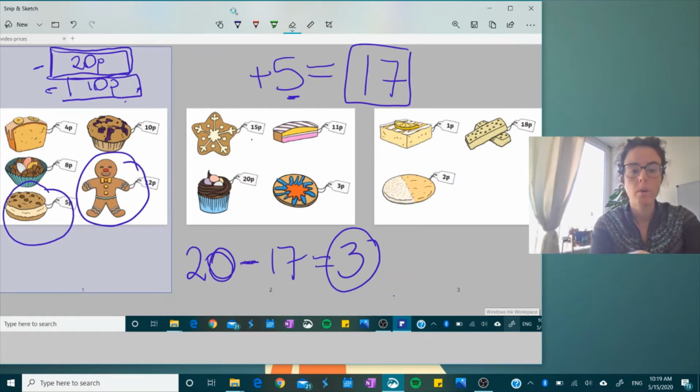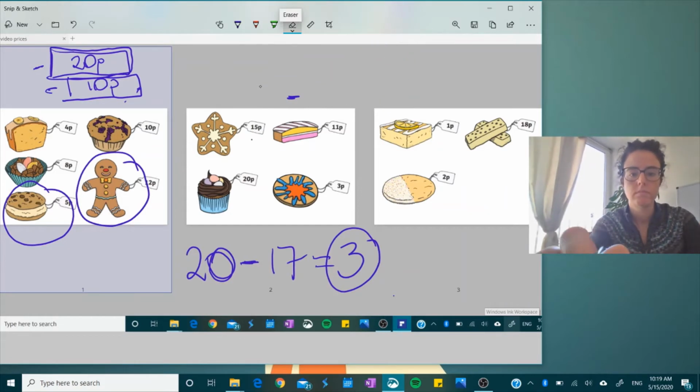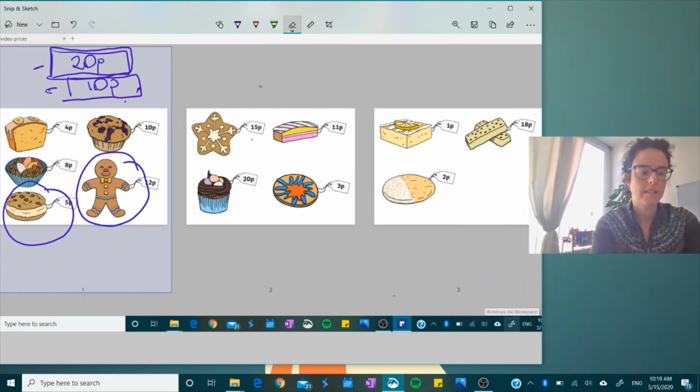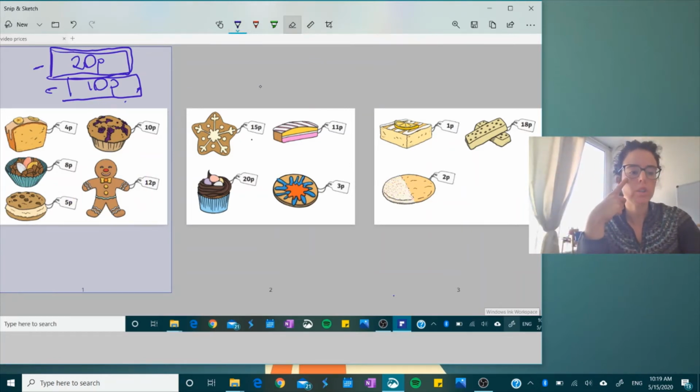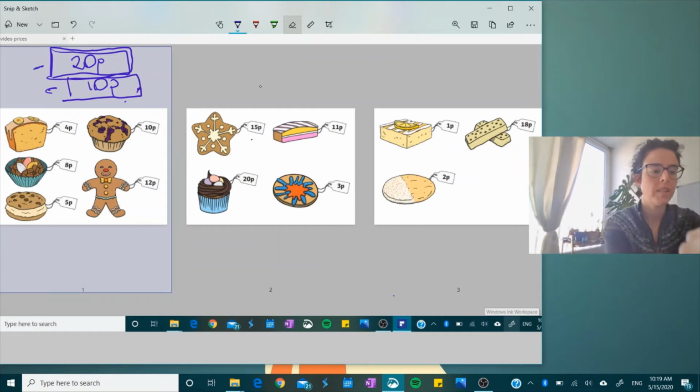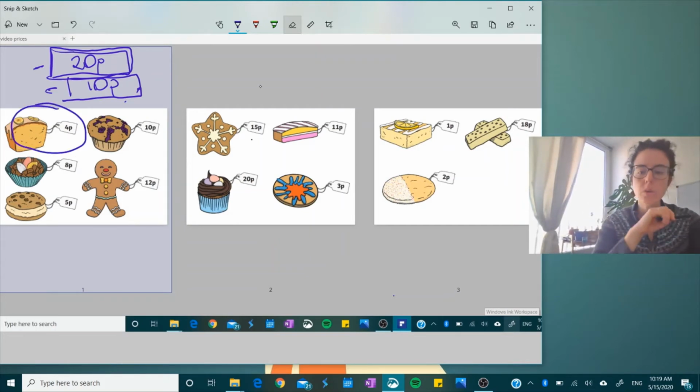We're going to do one more example just to make sure everyone gets it. Going to erase all of this. All right. Cool. So let's see. I'm going to get this banana loaf and this little egg chocolate mix thing.